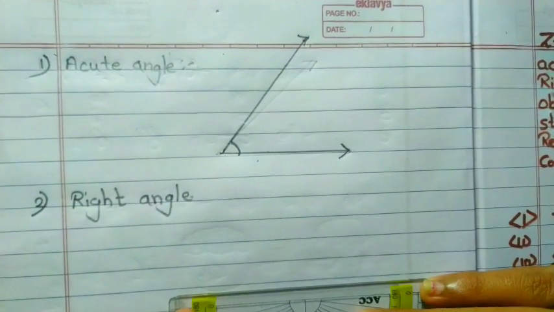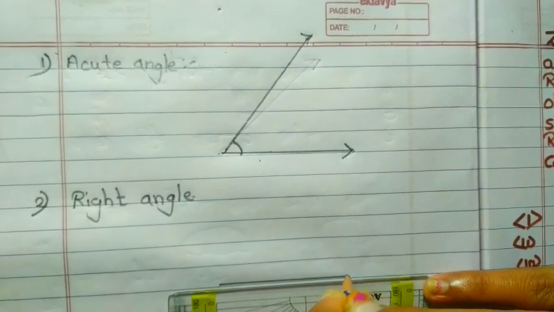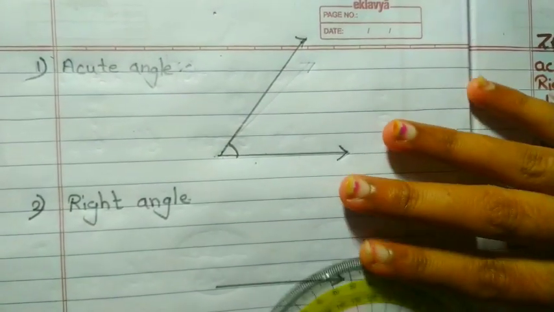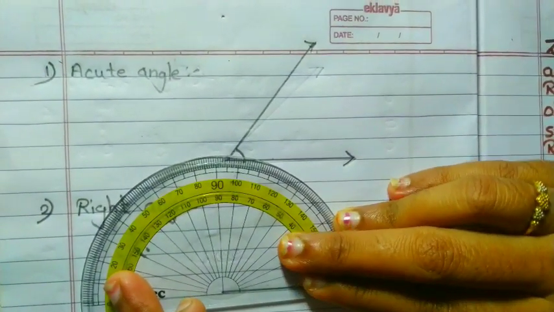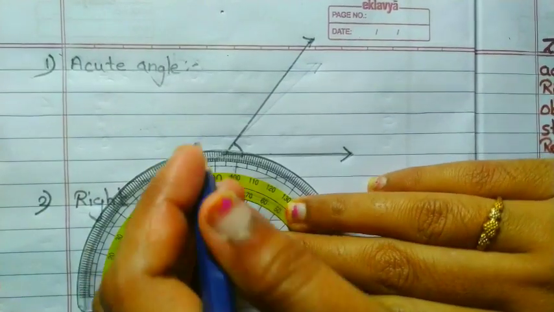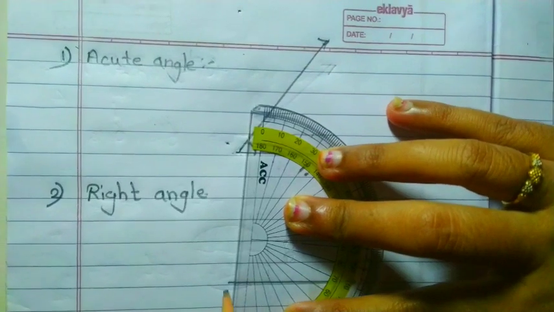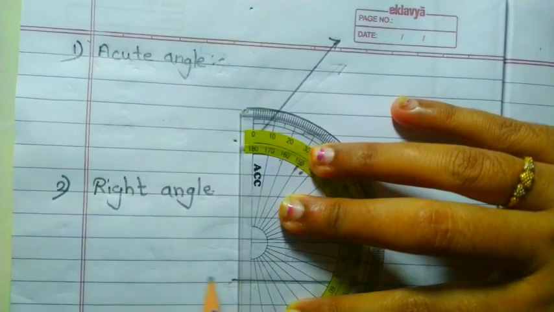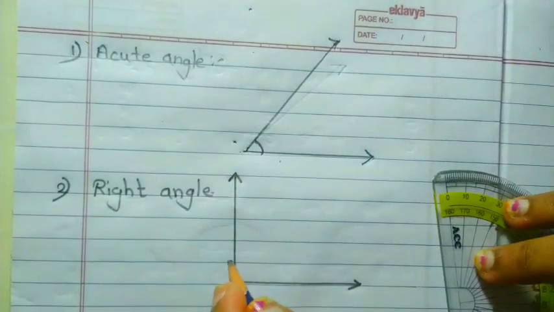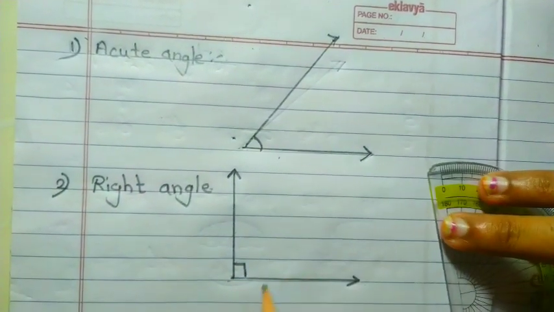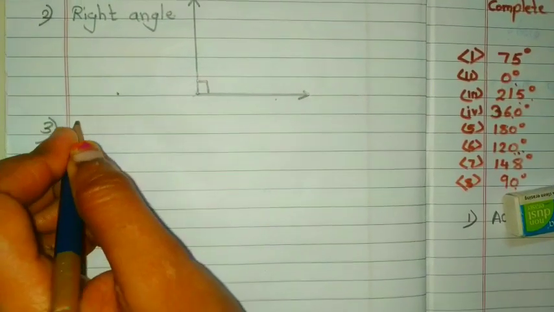At first draw the ray and you measure the angle with the protractor. Here is 90 degree. It means you can draw just like this, this is also other way. This one right angle. And last one is obtuse angle.